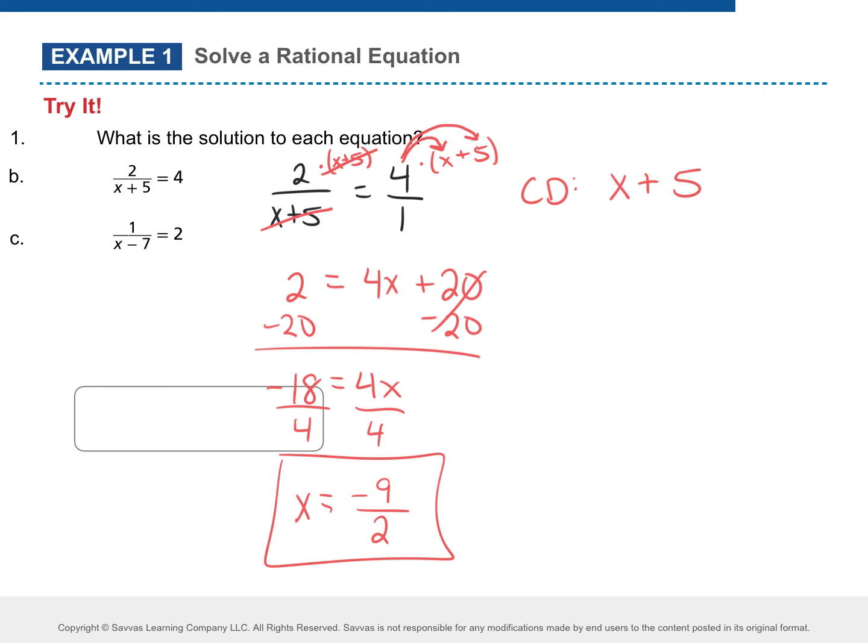I want you to go ahead and try 1B. Go ahead and try 1B. Okay, on this one, what should we do first? Make the 2 a fraction. Yep, 2 over 1. What do we need to look for next?